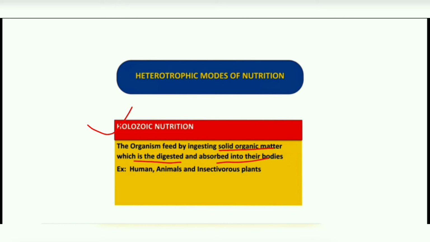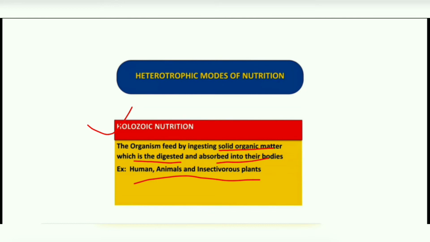It means solid food particles are digested inside the body. Examples are human beings, animals and insectivorous plants.